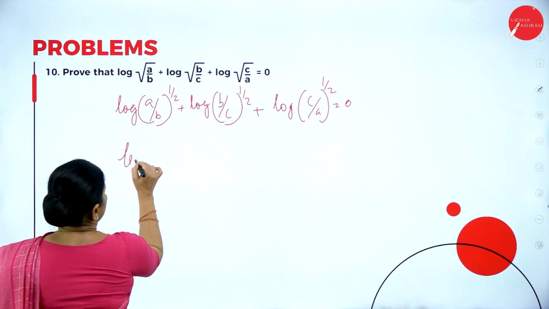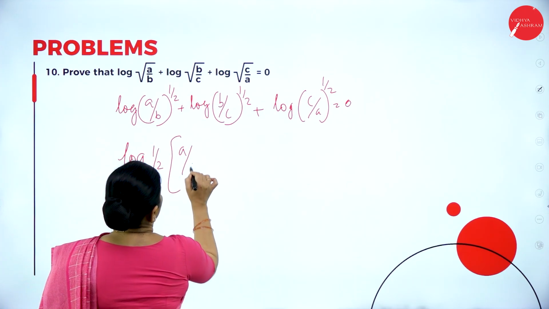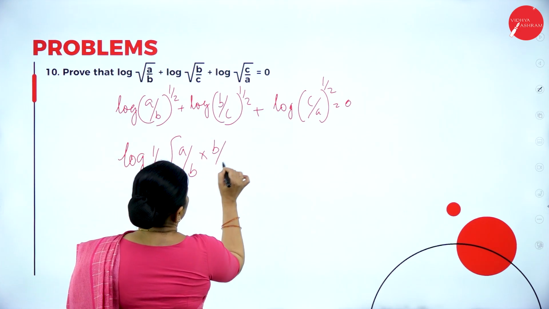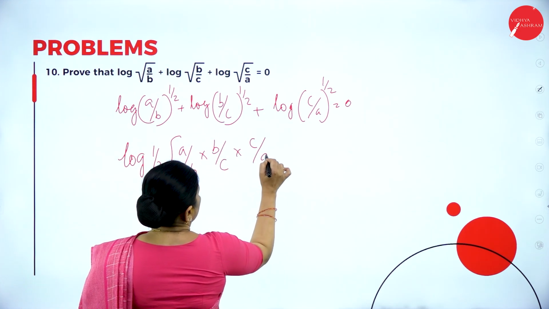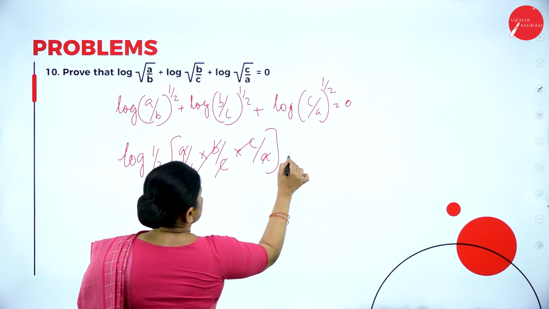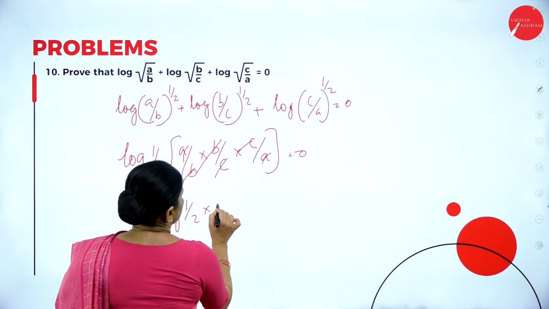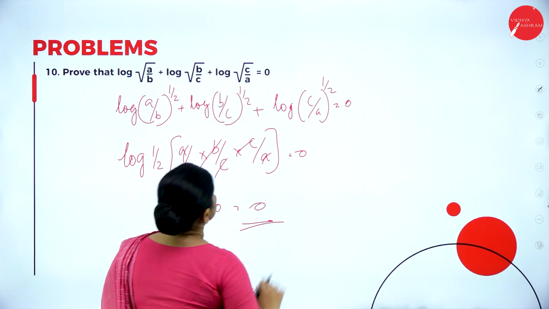Now I'll write it as log of half into a by b into b by c into c by a. A gets cancelled. So log of half into 0 equals 0.